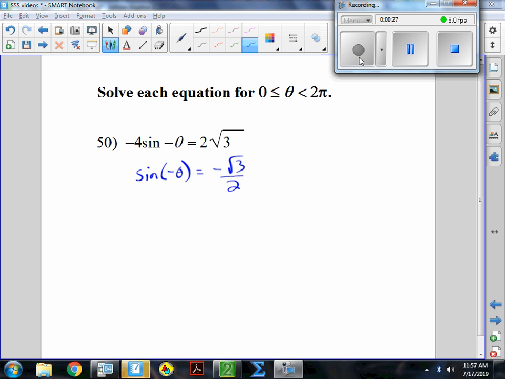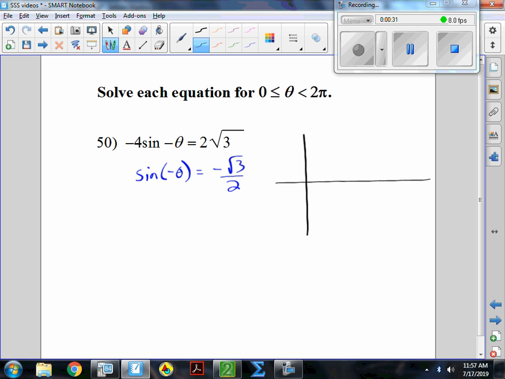So if you look at the sine curve, -√3/2. Let's see. Should be closer down here. That's going to be at the pi/3s.